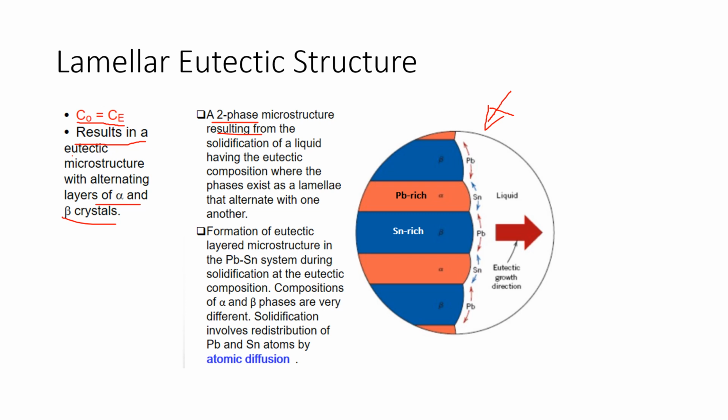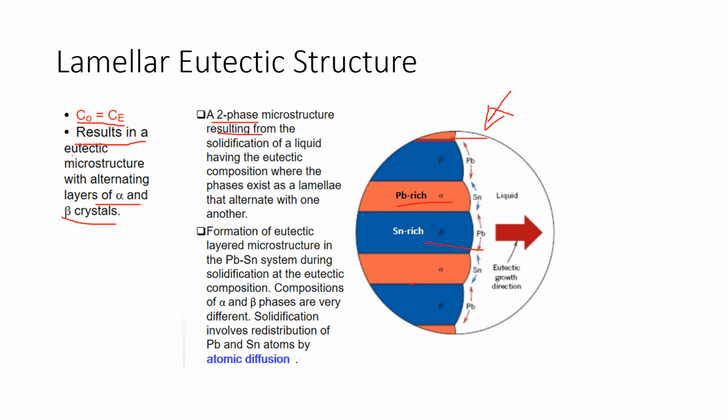This is a two-phase microstructure resulting from the solidification of a liquid having the eutectic composition, where the phases exist as lamellae that alternate with one another, like beta over here, then alpha, then beta, and then alpha, alternating with one another.